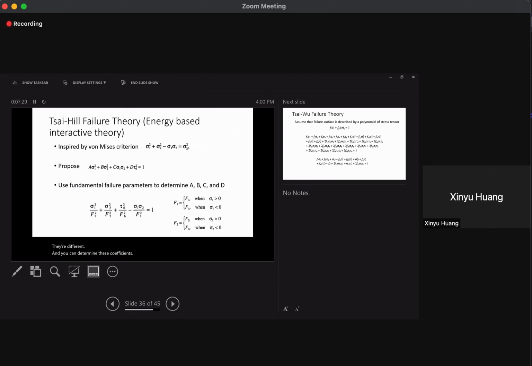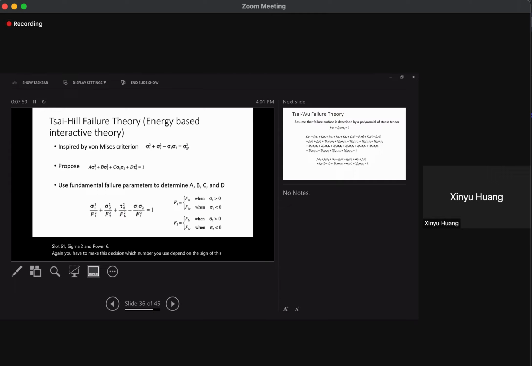That's a failure theory. And then if none of the stresses are zero, there are different combinations. You just put different stresses in those slots, sigma 1, sigma 2, and tau 6. Again, you have to make this decision which number you use depending on the sign of the sigmas. Okay.